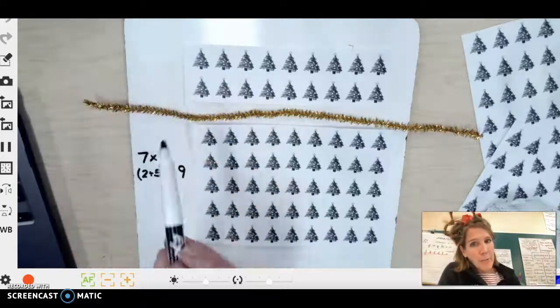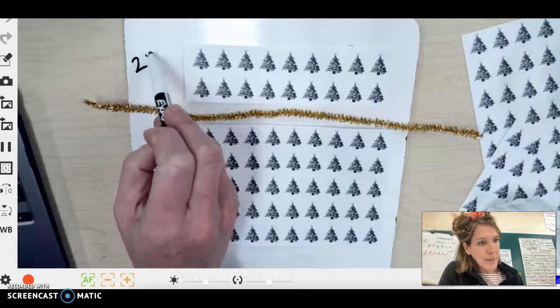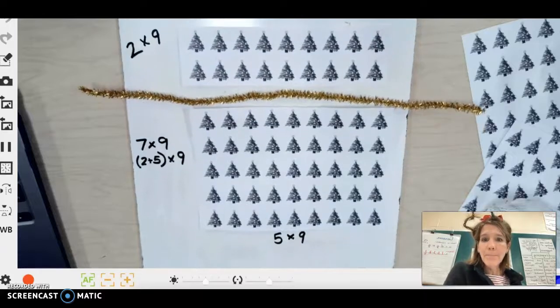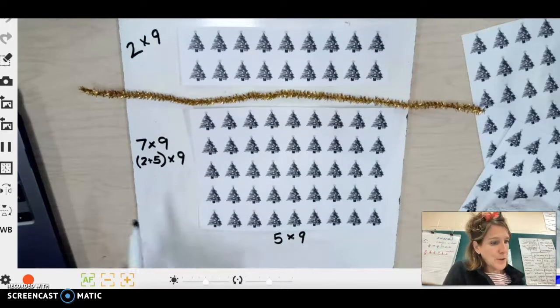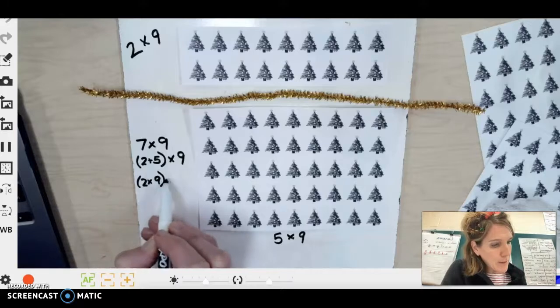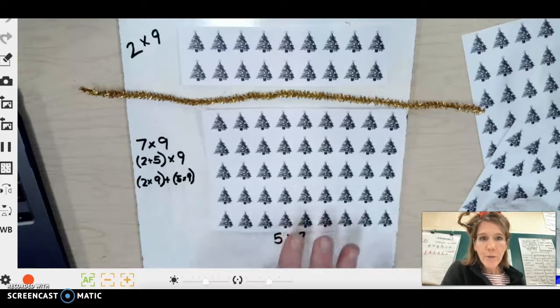So I'm going to find out the product of this array, which is 2 times 9, and the product of this array, which is 5 times 9. And I'm going to add them together. Okay? So I'm going to do 2 times 9 plus 5 times 9. Sorry, I'm trying to write really small. Maybe if I scooch it over.